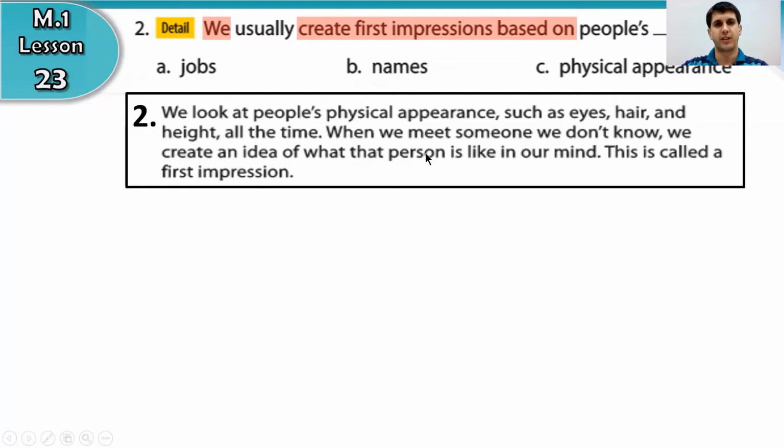This is called a first impression. Okay? So, as we can see, we look at people's physical appearance. We create an idea of what that person is like. It's called a first impression. So, the answer is C. Well done if you were correct.